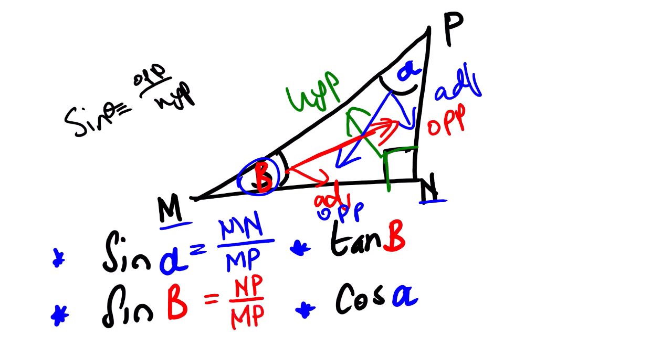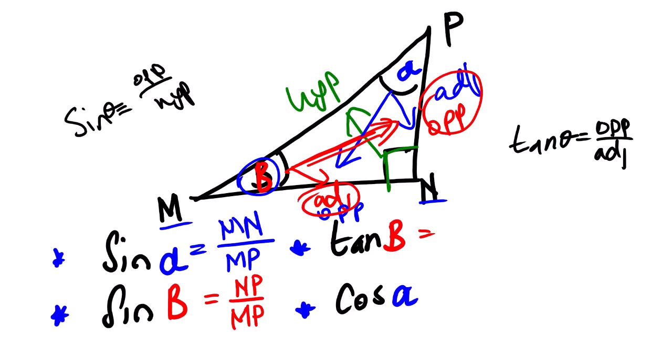Now we move on to tan beta. Remember the expression of tan is opposite over adjacent. So what is the adjacent side of beta? It's this, the opposite is this. So tan beta equals np over mn. Remember the opposite and the adjacent. Cos alpha.